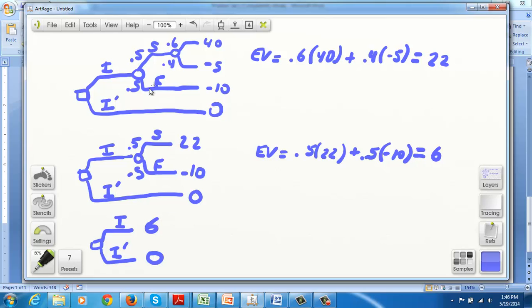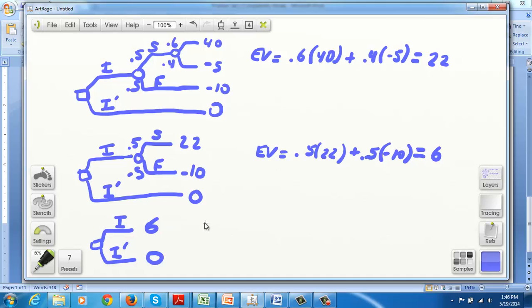So now my tree has reduced even further to just the two decision alternatives. And as I roll back my tree once again, I come to a square, which is my decision, and a decision is a choice. So unlike a circle, an uncertainty, which is an expectation, the decision is a choice. So in this case, I can choose. Would I rather have $6 million or 0? Not a very hard choice. I would rather have 6.